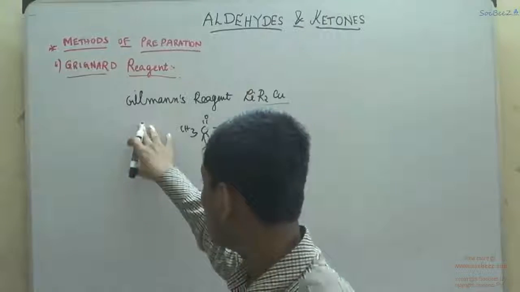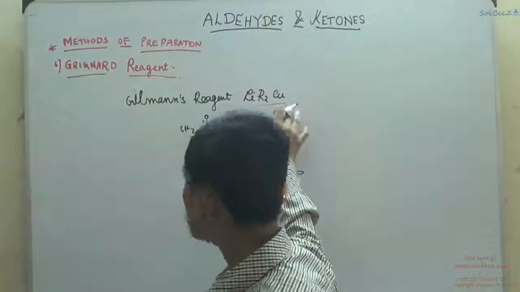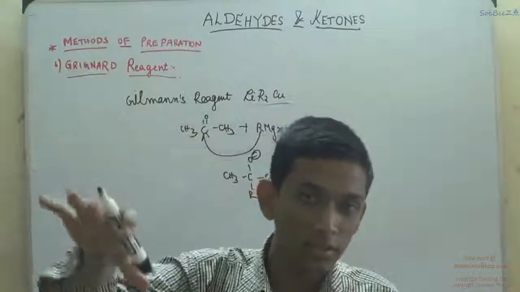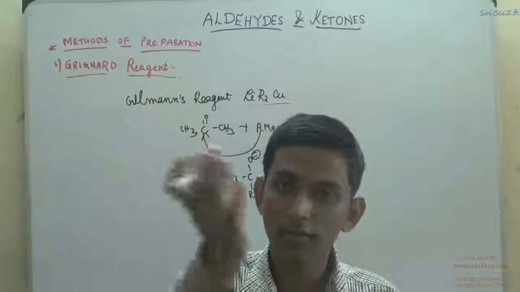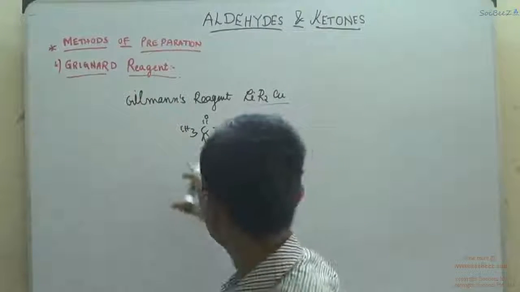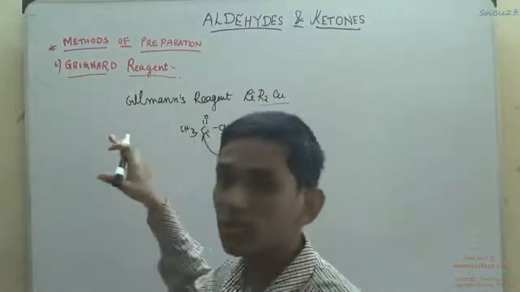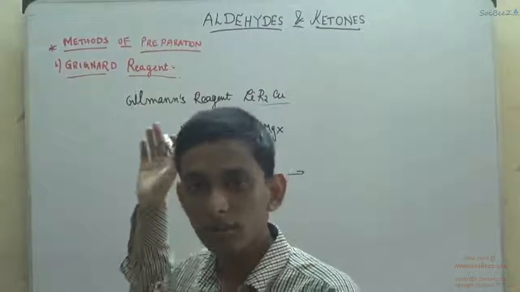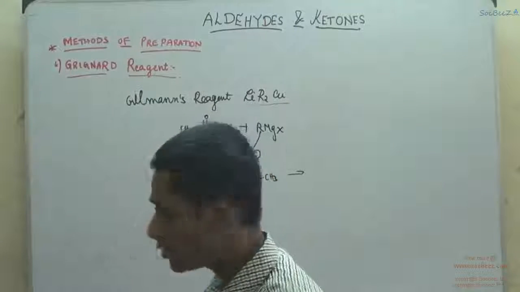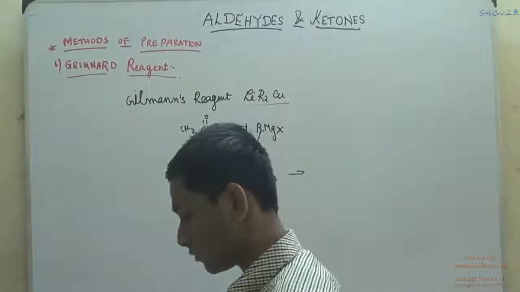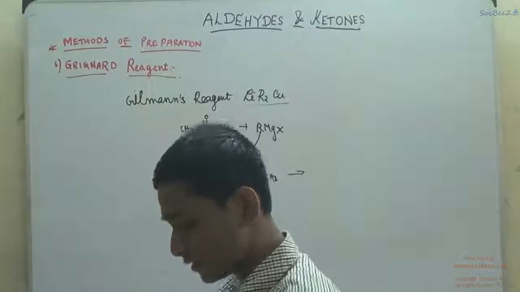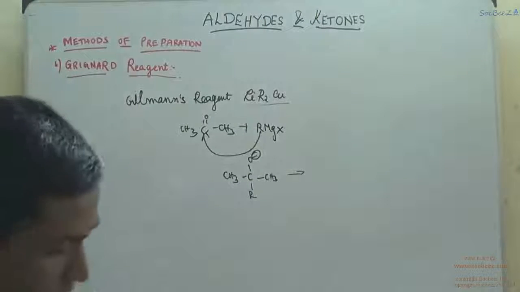If you use Gilman's reagent, LiR2Cu, it reacts faster with acid chlorides, acid anhydrides and esters. Therefore it gives mainly ketones because it doesn't react with ketone faster than those. So that's about this.